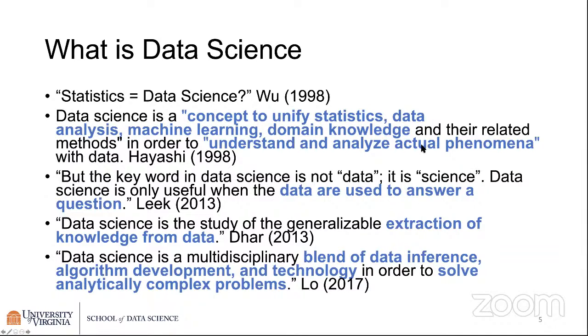The other thing that runs through a lot of them is this idea of analyzing actual phenomena, answering a question, solving an analytically complex problem. These are the two things that we're going to focus on, because we consider them to be at the heart of what data science is.